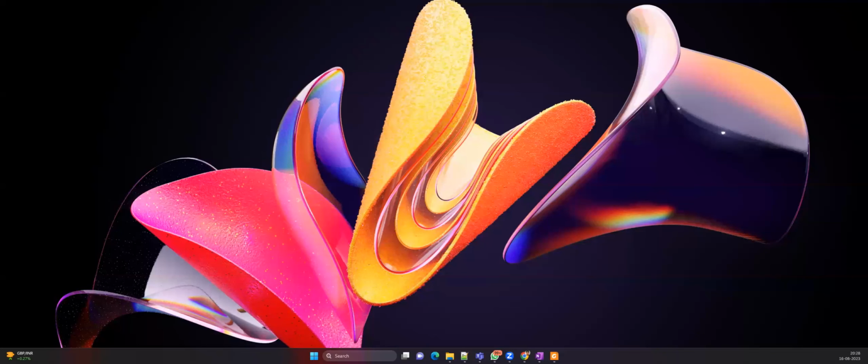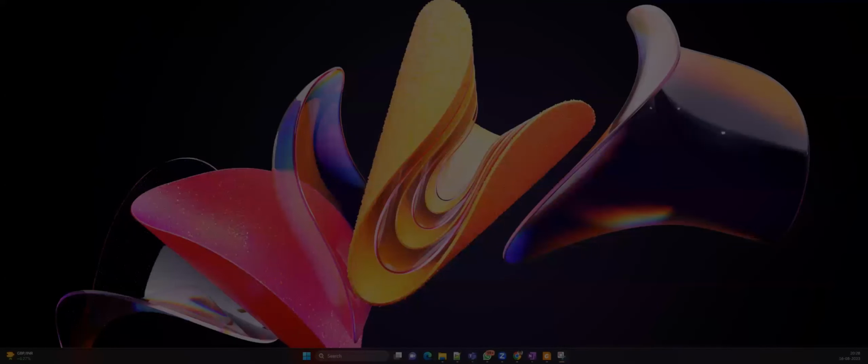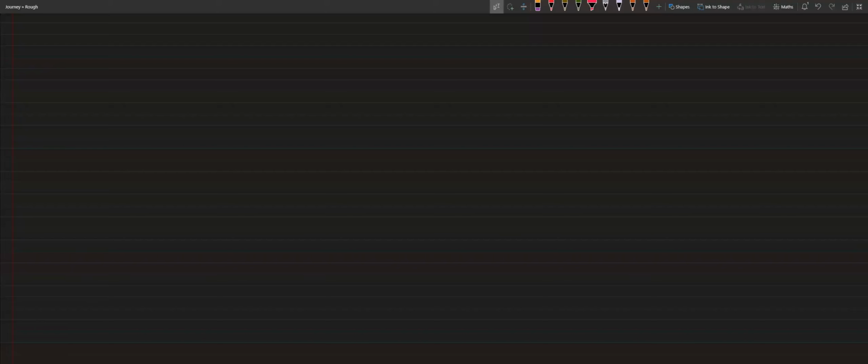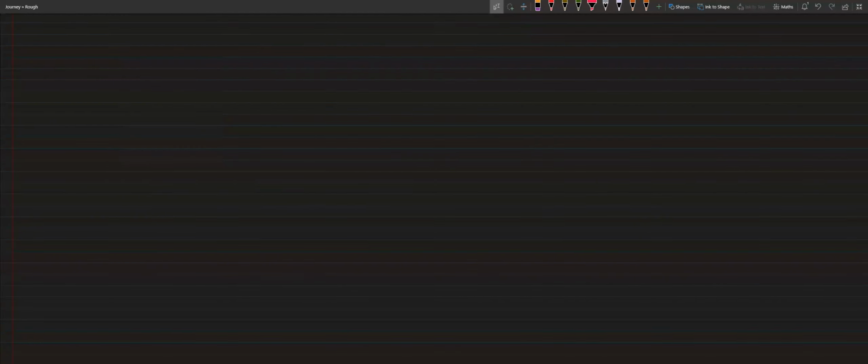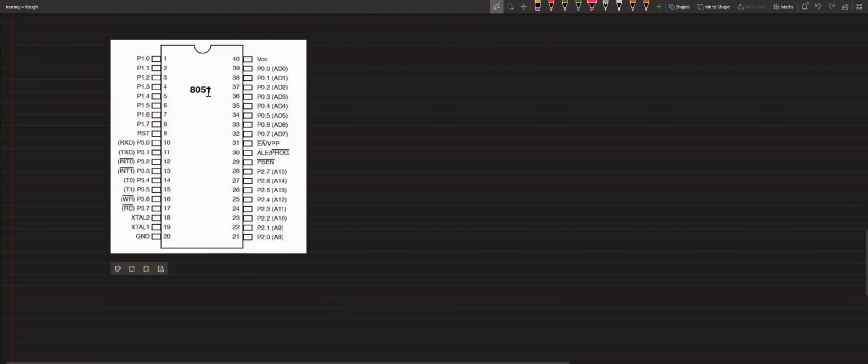Let me show you the image of that. If you see, this is the pin diagram of the 8051. So in total we have 40 pins.